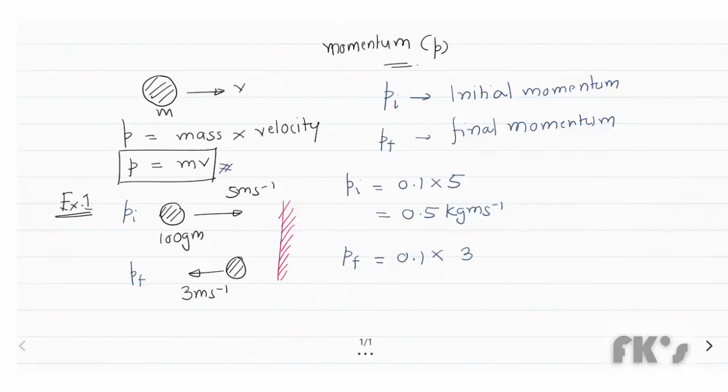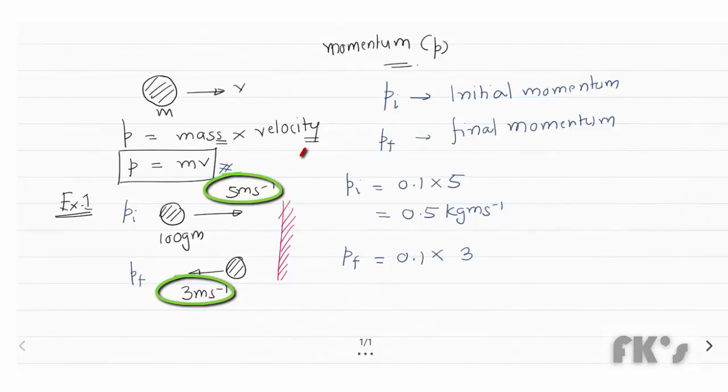I will draw your attention to one fact which is very important when we are dealing with momentum. As per the formula, we are dealing with mass and velocity, and you remember that velocity is not just a number, but also a direction. So I need to consider the velocity direction as well. As you can see, this 5 meters per second is towards my right, and this 3 meters per second is towards my left. The directions are exactly opposite.